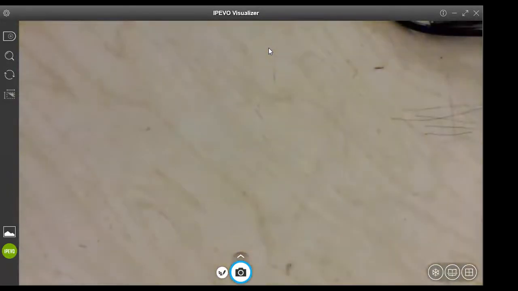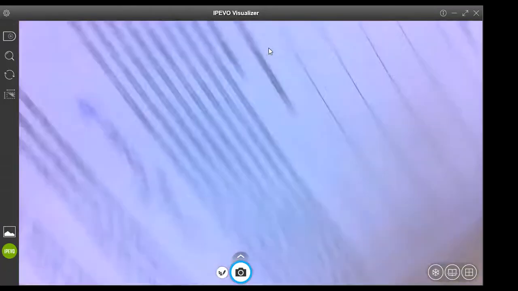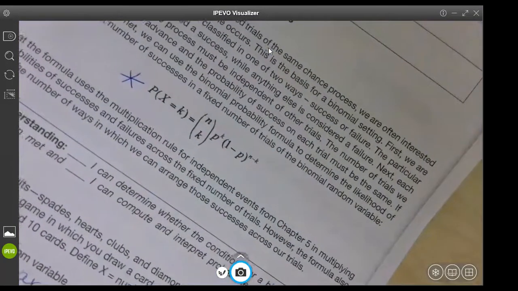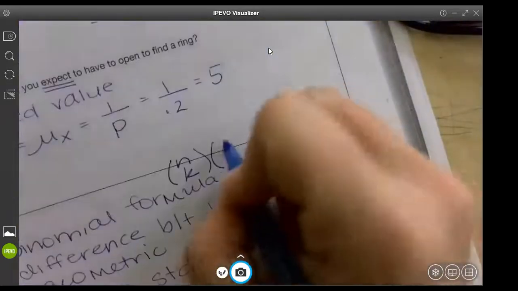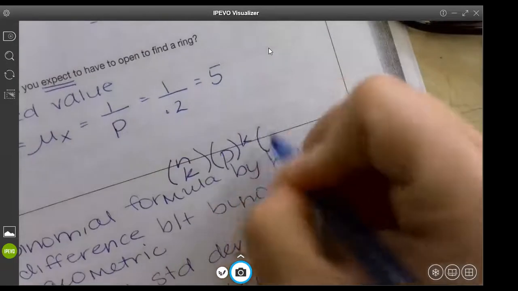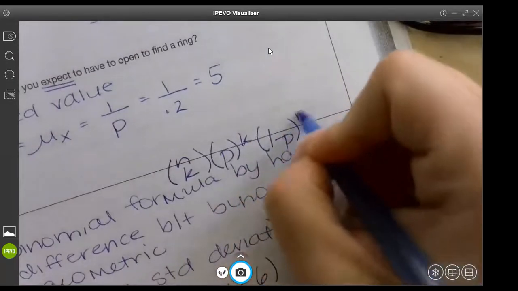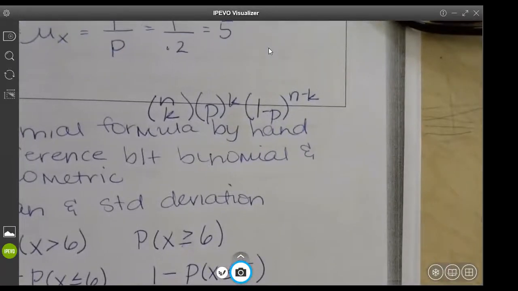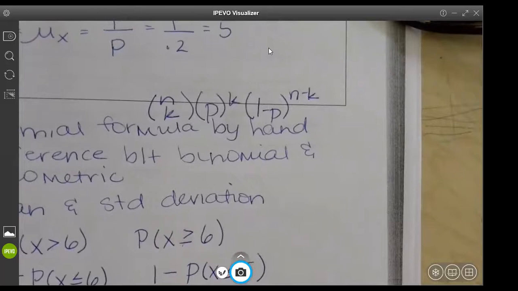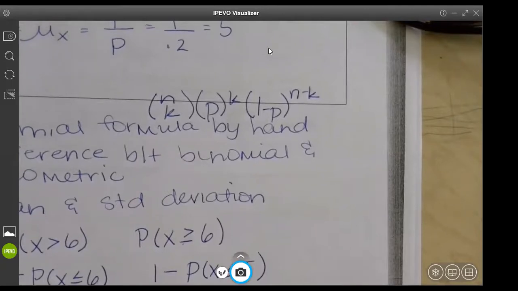N choose K, P to the K and 1 minus P to the N minus K. I told y'all to mark that one. Sometimes I do it backwards. I just wanted it to match whatever the sheet had, so you got it consistent.